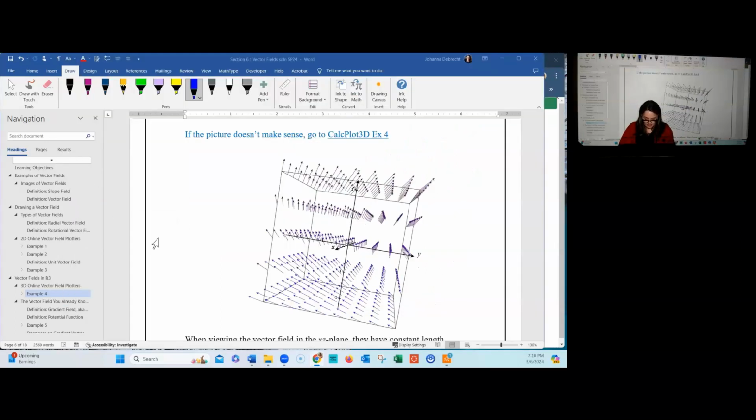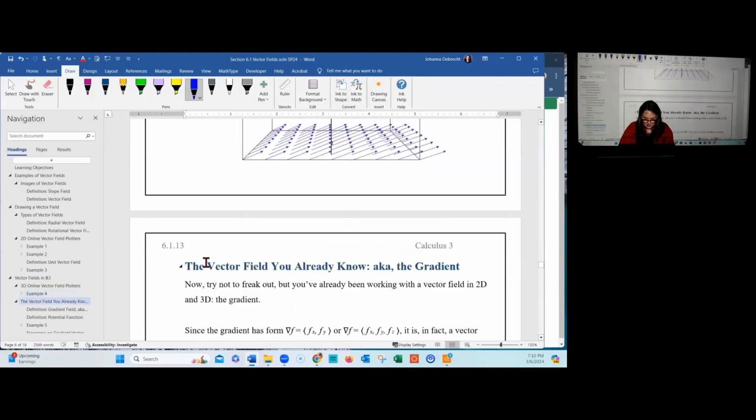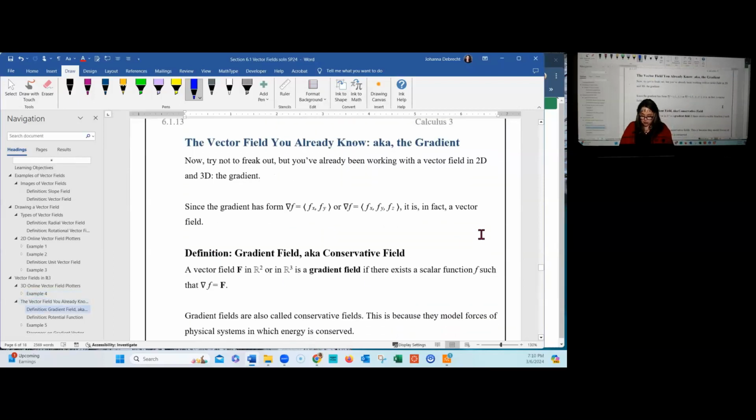Let's go ahead now and take a look at a vector field that you've been working with, but didn't know that it was a vector field. And this is the gradient. You'll remember that the gradient is a vector which points in the direction of the steepest way to go uphill.